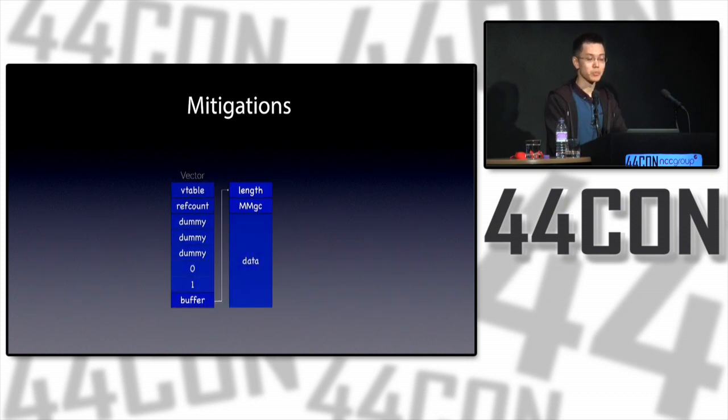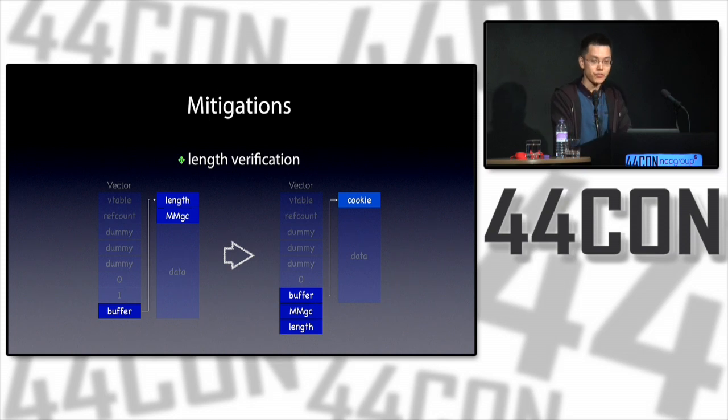After the mitigation, the length field is moved to the metadata part of the vector object, leaving only a verification cookie in the old position. Since the length field and the cookie now stay in different memory blocks, corrupting them at the same time is not practical anymore. The cookie is the verification of the length field.